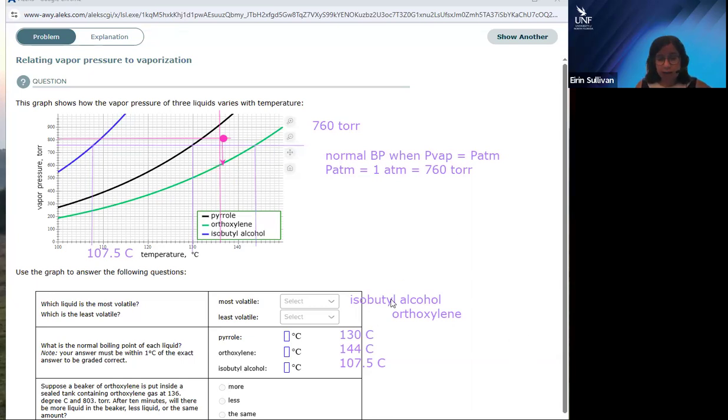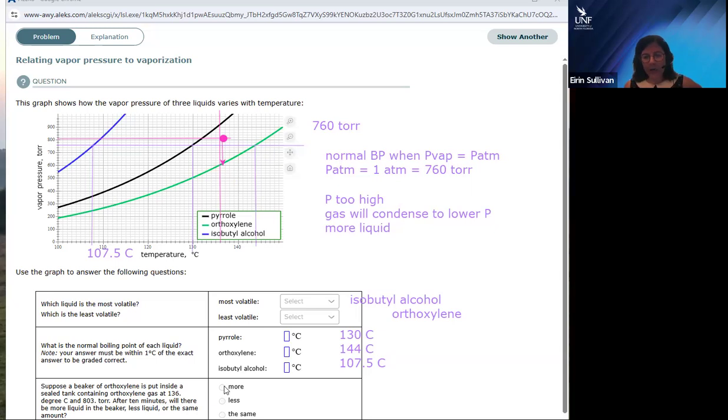So in this particular case, pressure too high at this point. So our gas will condense to lower the pressure. If the gas is condensing, we're going to end up with more liquid in that case. So the amount of liquid in the beaker, we're going to check the more box.